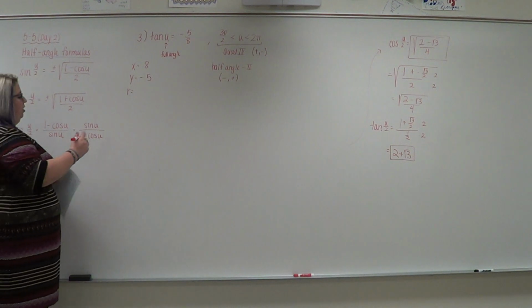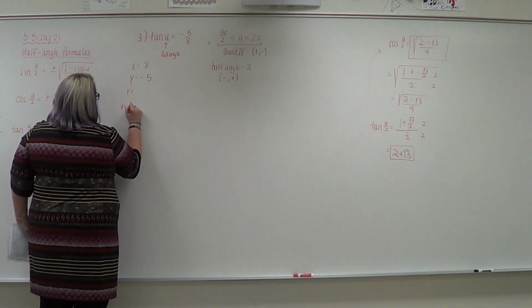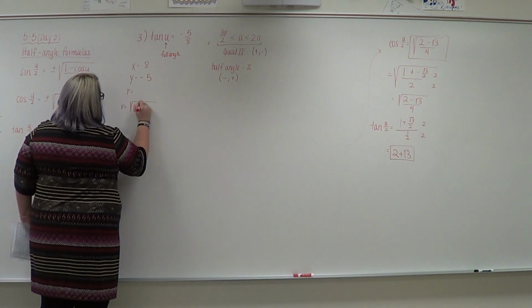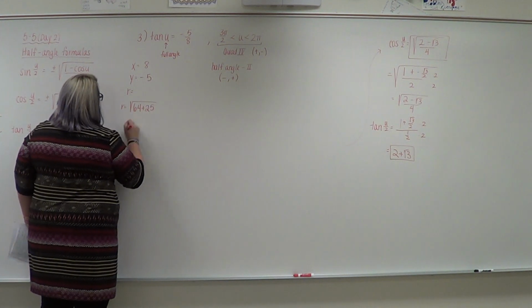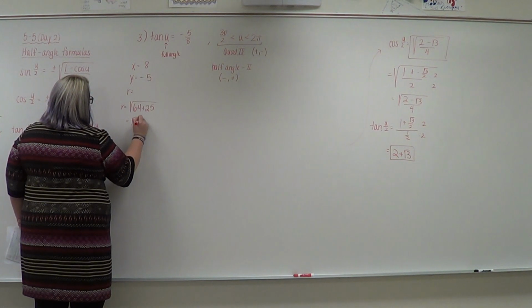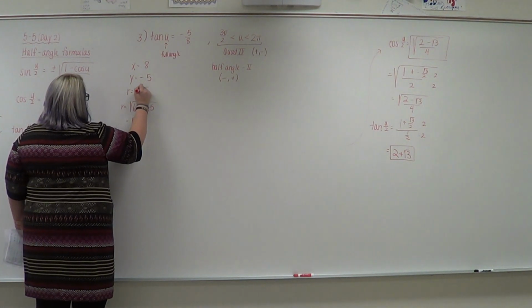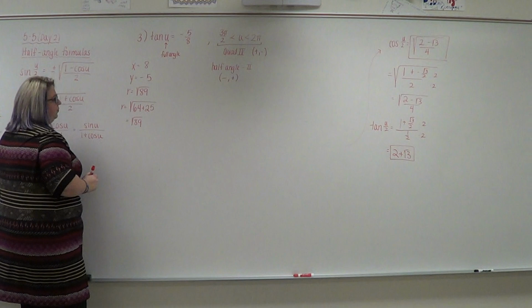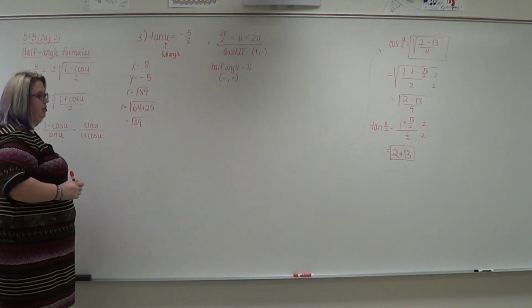And then to find r, so the square root of x squared plus y squared. So this would be the square root of 89, which is not perfect.